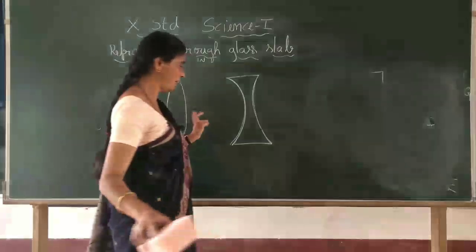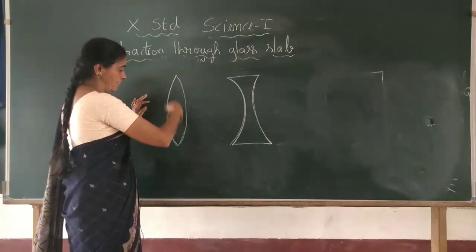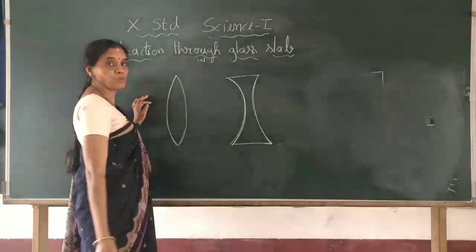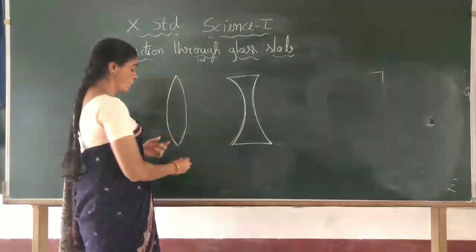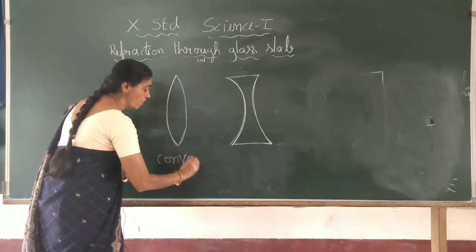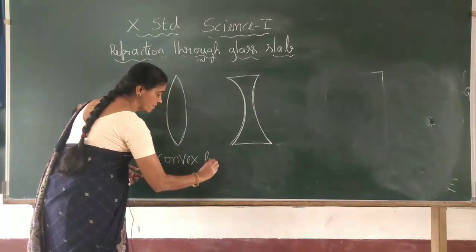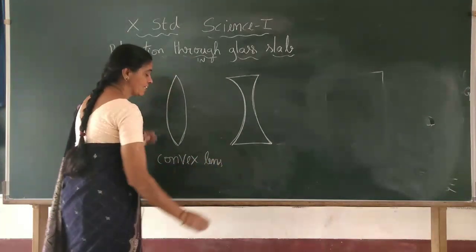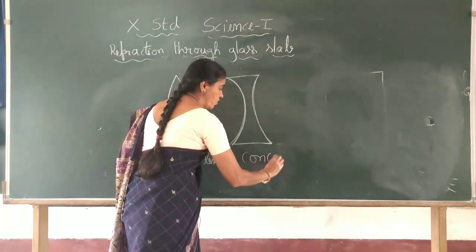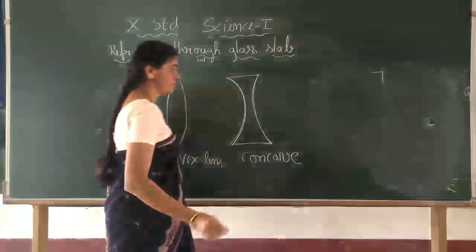We are studying only double sided: bulged outside on both sides, and cave inside on both sides. Usually we say convex lens. This is a convex lens and this is a concave lens.